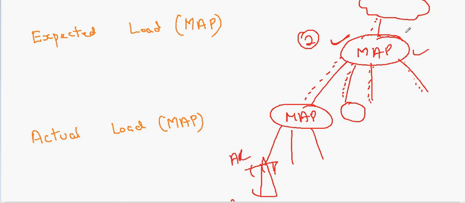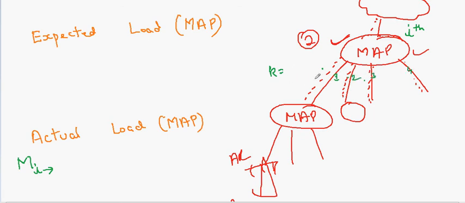If I say this is the ith MAP, then I write the equation for actual load as m of i, and each downlink I term as k, like k is equal to 1 here, k is equal to 2 here, k is equal to 3, k is equal to 4.